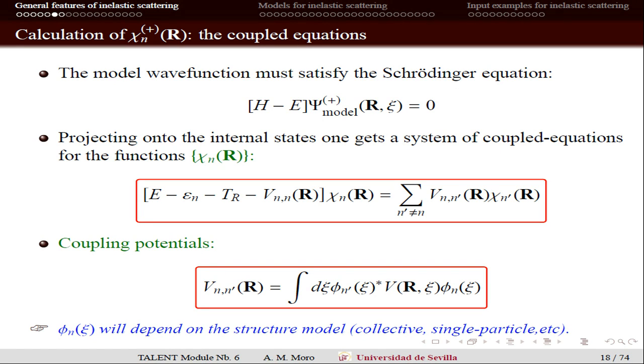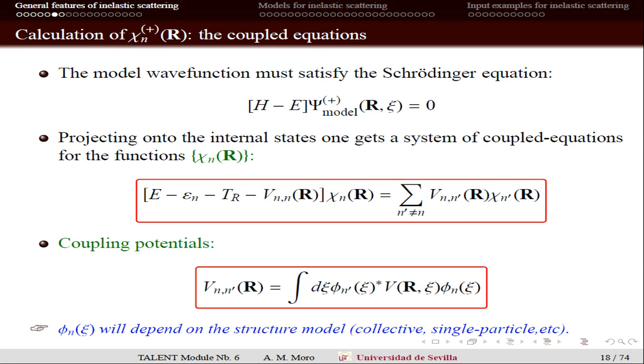So now the idea, and this is a good exercise for you, is to obtain equations for the chi's. So we develop this psi as we showed in a few transparencies, as an expansion in these chi functions multiplied by the internal states, and then we choose one of the internal states.